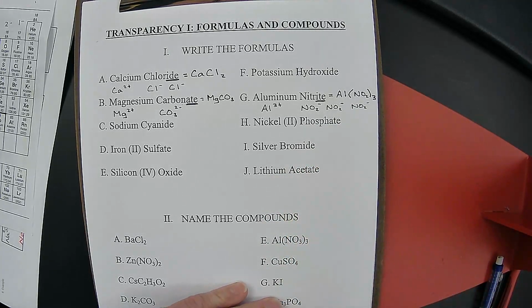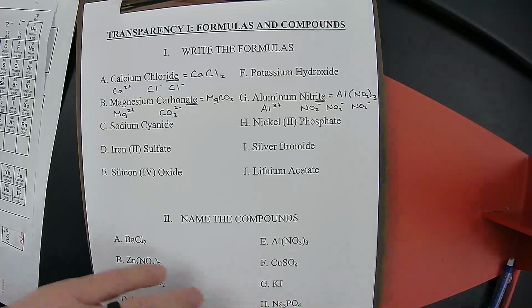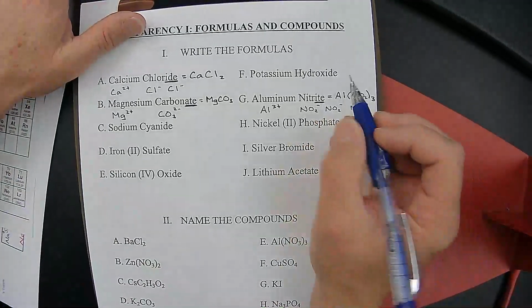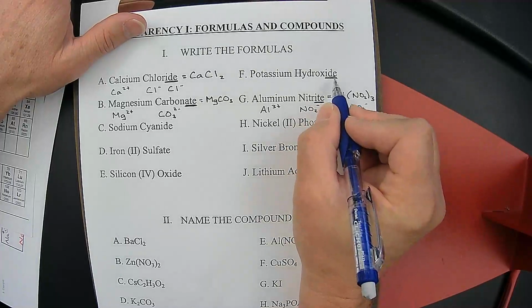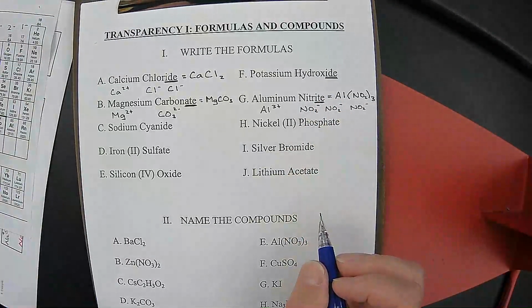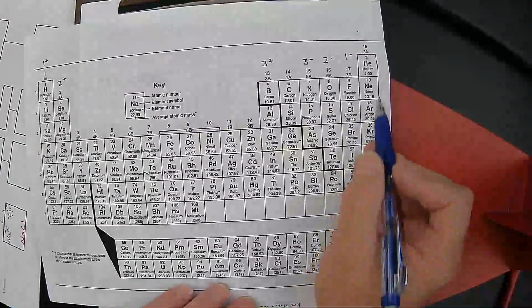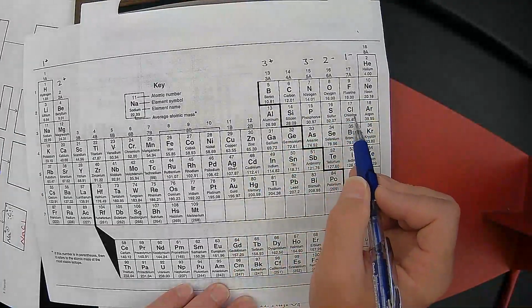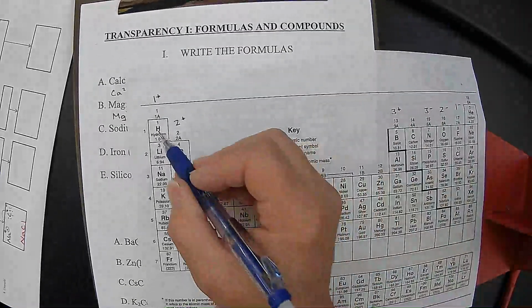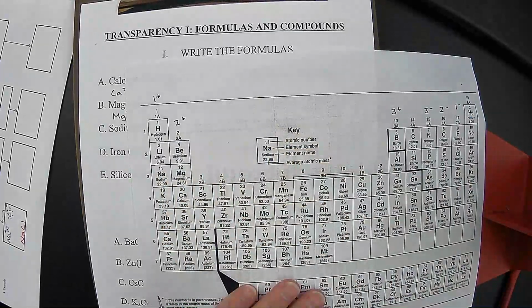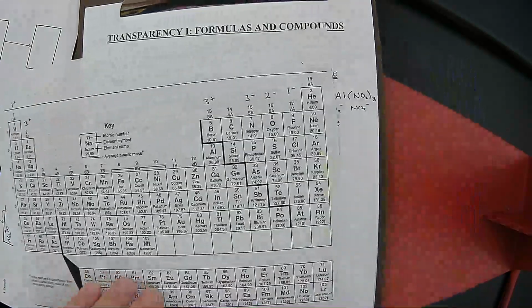The next one I would like to do is potassium hydroxide. Now this one's tricky because it does end in IDE, which makes us think that it must have come from an element on the periodic table. Maybe hydroxide is just hydrogen turning into hydroxide.